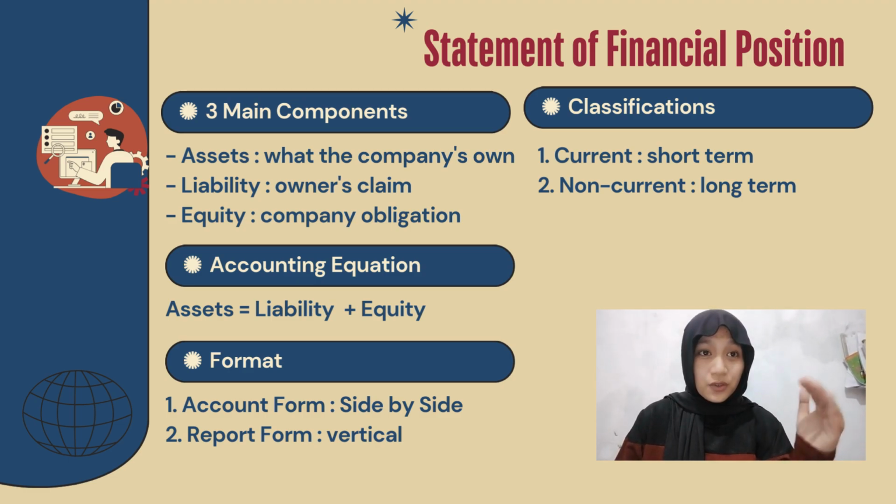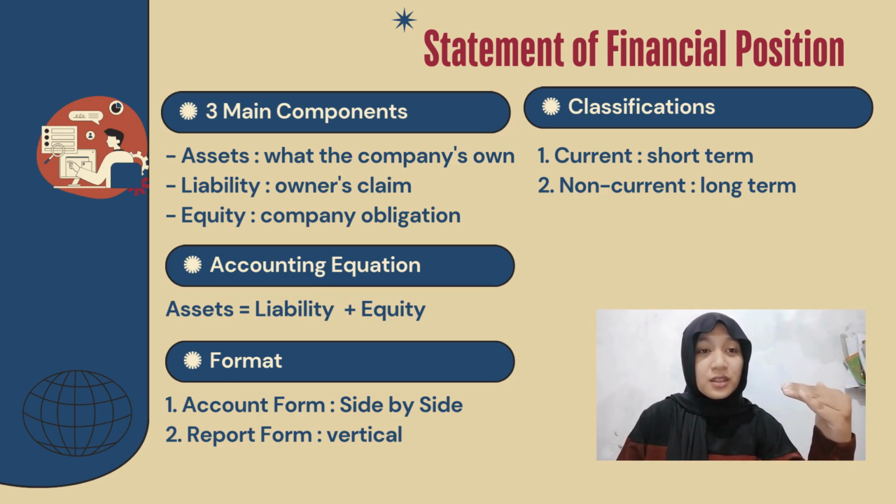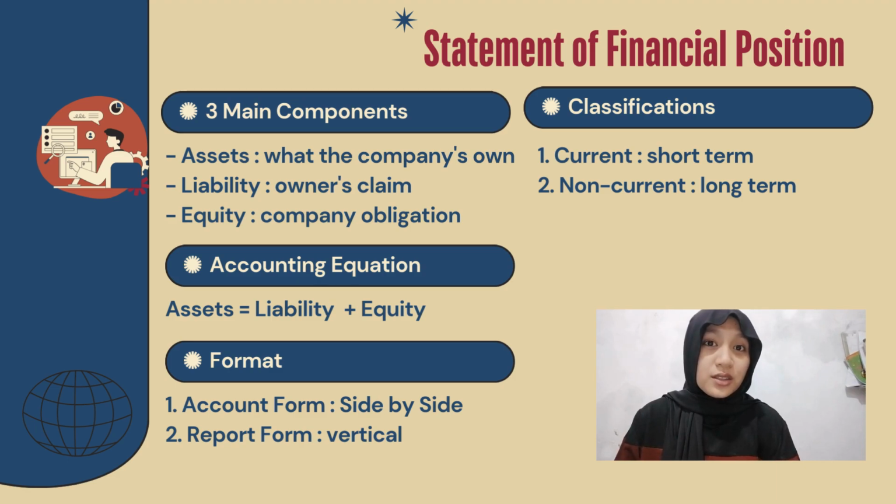It's a vertical version of the account form. The first is assets, the second is liabilities, and the last is equity. And the financial classification has two types. The first one is current or short-term, and the second one is non-current or long-term.